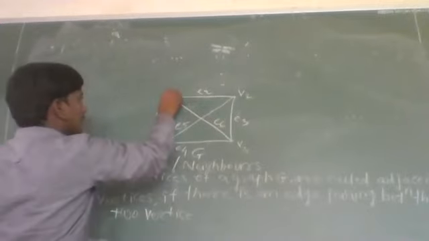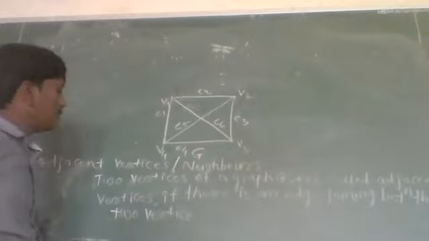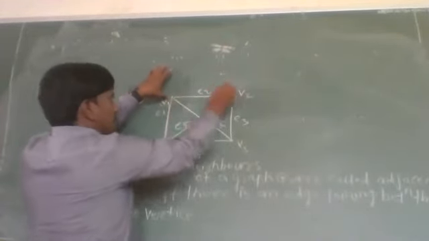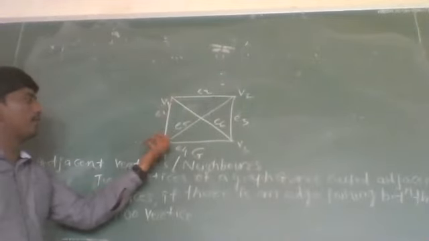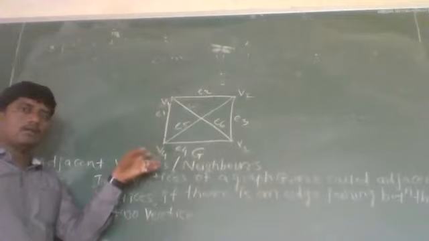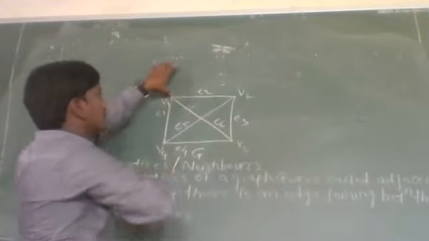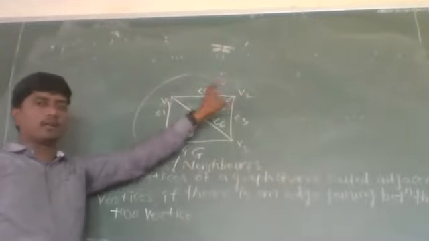Here is our graph G. Here, V1 and V2 are adjacent vertices since there is an edge joining between these two vertices, which is edge E2. Similarly, V1 and V4 are adjacent vertices. V1 and V3 are adjacent vertices. In this graph, each vertex is adjacent to another vertex.